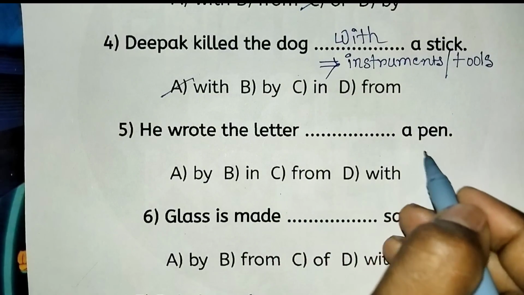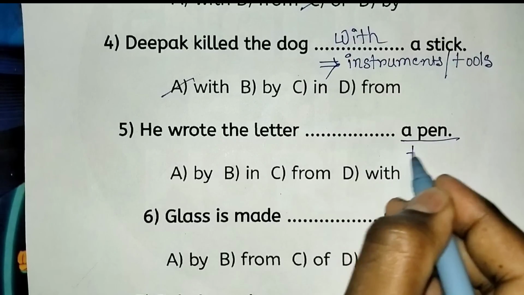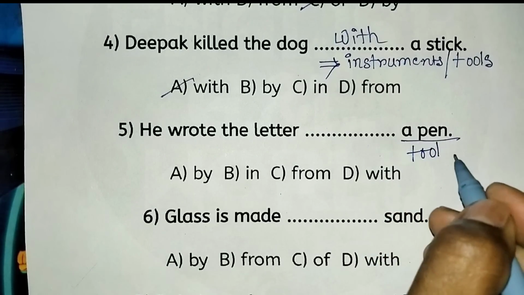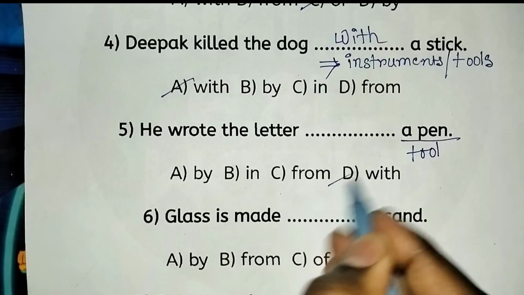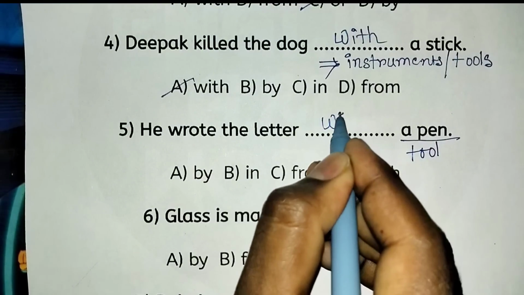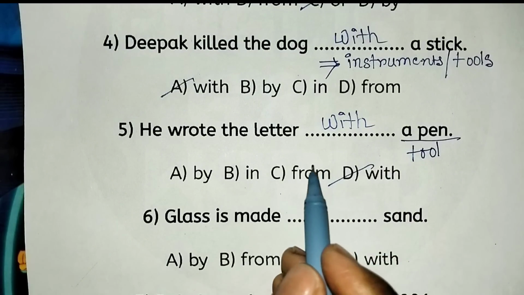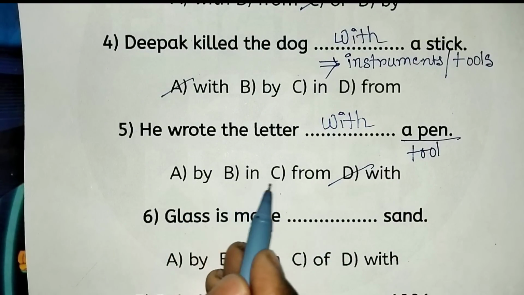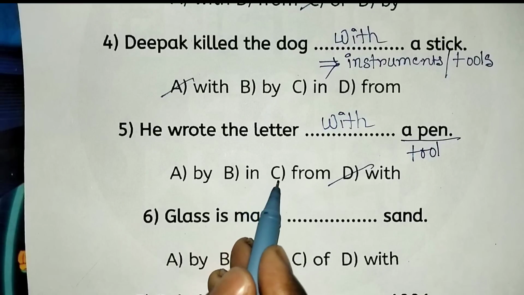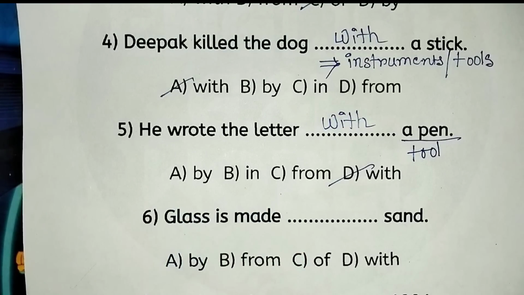Here a pen is a tool, so we have to use with. The right answer is option D, with, not option B, in, not option C, from, and by. Next.